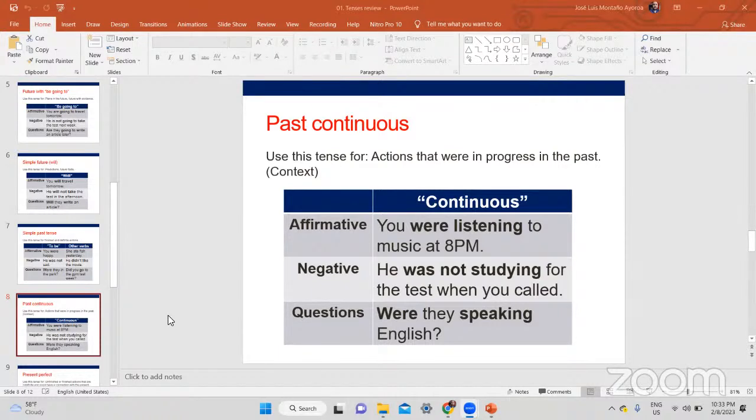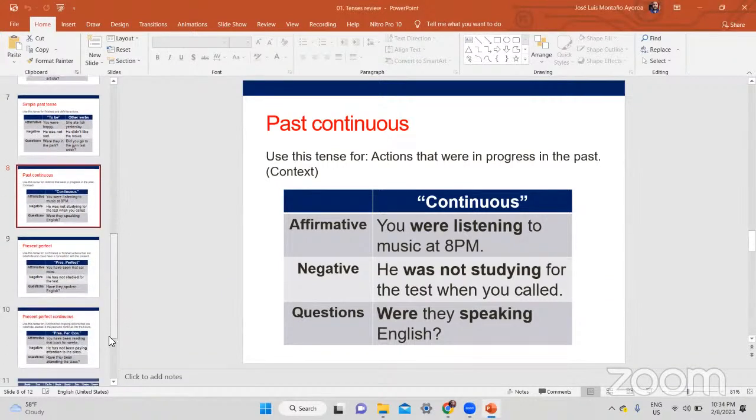So I can say, were you completing the assignments when you finished the class? How can you answer that? Were you completing the assignments when you finished the class? Yes, I was. Correct, right? Just I was, or no, I wasn't. All right, good. We have 1 more minute.